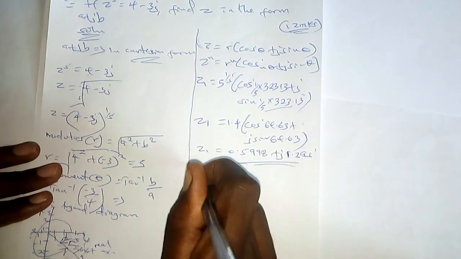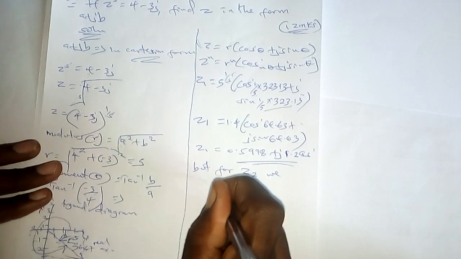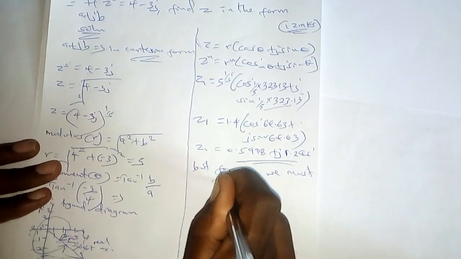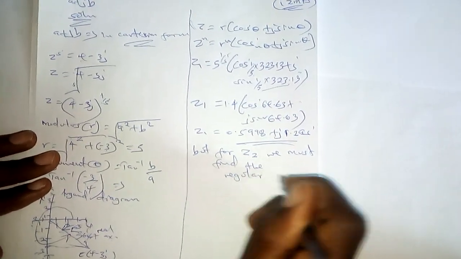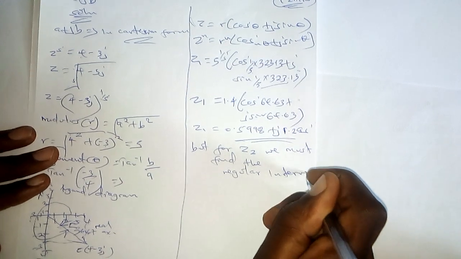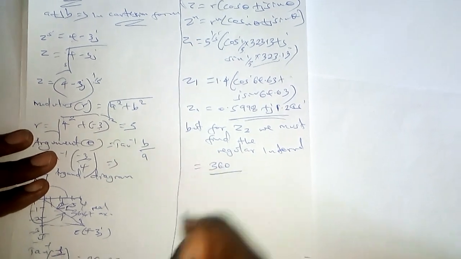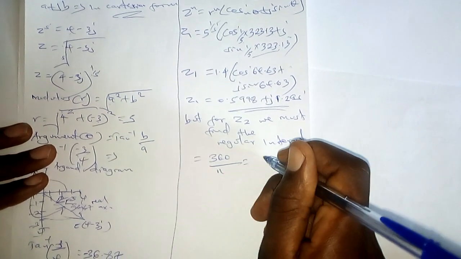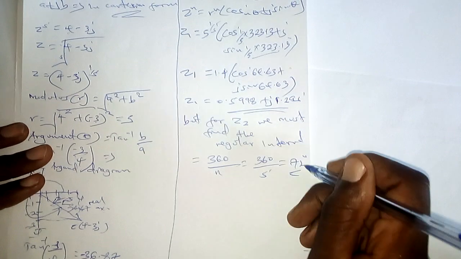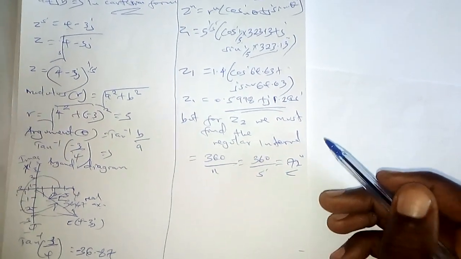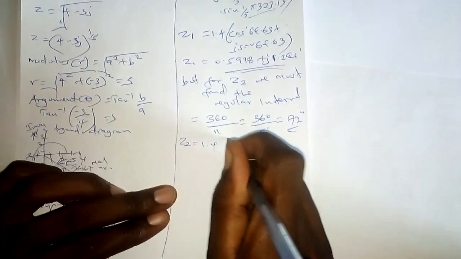So we continue, but for z2 we must find the regular interval between the roots. We have the formula 360 over n, and n here is 5. So 360 divided by 5 is 72. This is the regular interval between the roots. For z2, let us substitute 1.4 into cos.